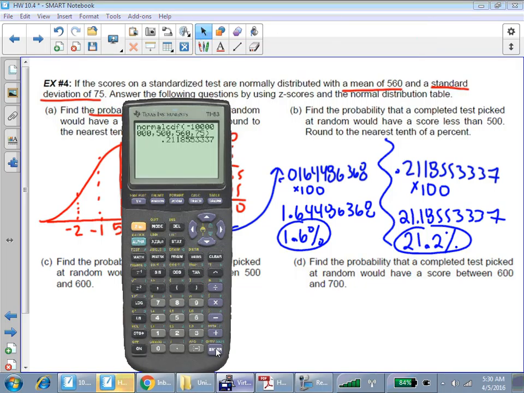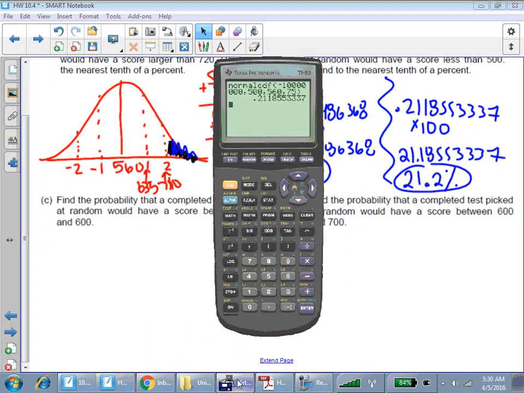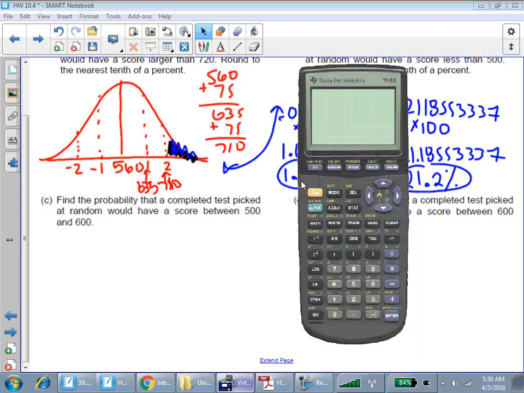Okay, let's keep going. So let's take a look at part C here. Find the probability a completed test picked at random would have a score between 500 and 600. This is a nice question because we have an upper bound and a lower bound, so we don't have to pick a really small number or a really big number and write it in.